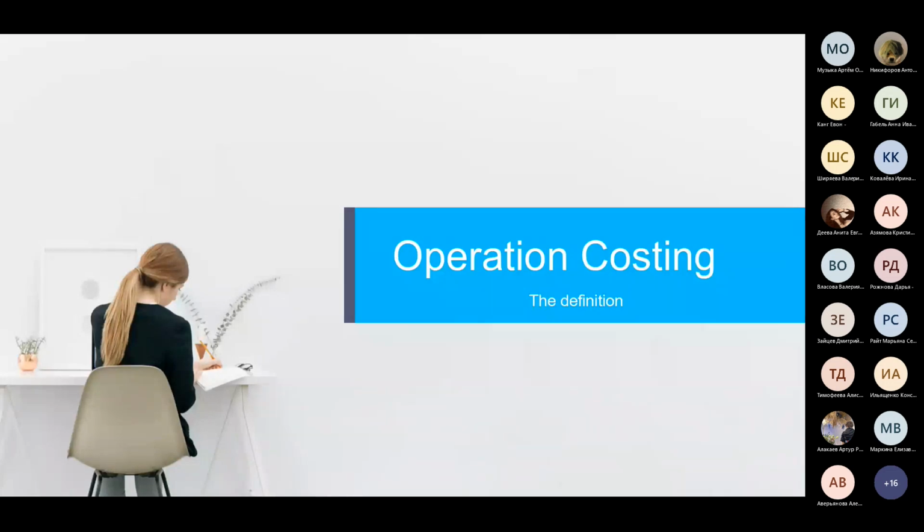So I suppose it's clear that if we sum up all the differences, there would be lots of details, but the most important issue is that process costing is used for a continuous production process flow, when we use production lines to make equal products, and probably our production is unstoppable, and we can use the same way to calculate the cost.